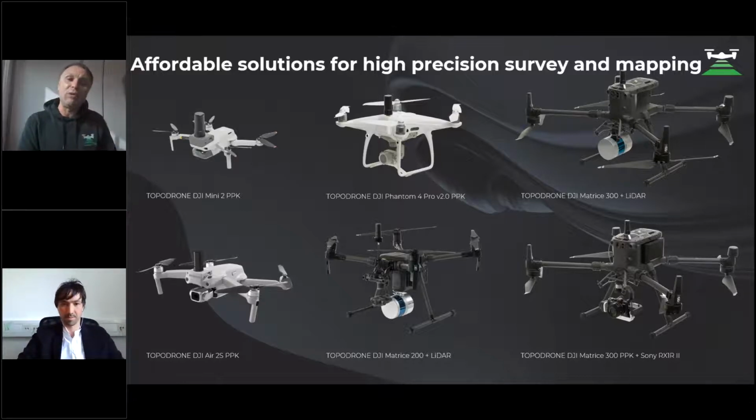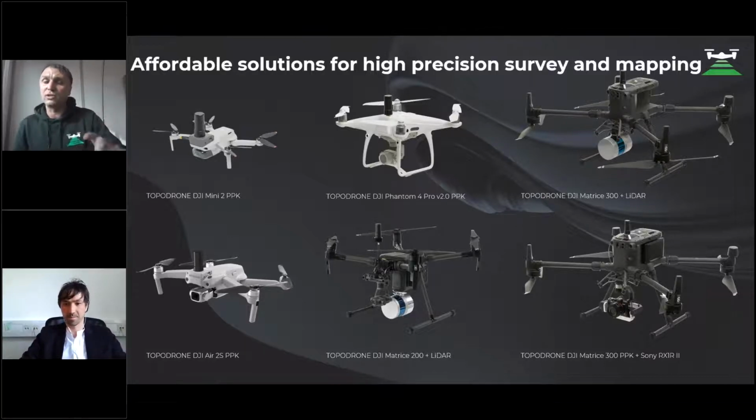You need to calibrate the camera to identify a focal length for the camera. It's very important to get very good accuracy in altitude. But in general, it simplifies your survey, and it will help you to cut your expenses in the field. It will help you to cut the time of the survey.